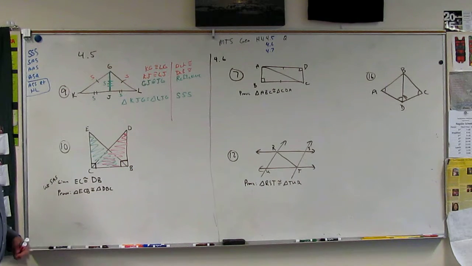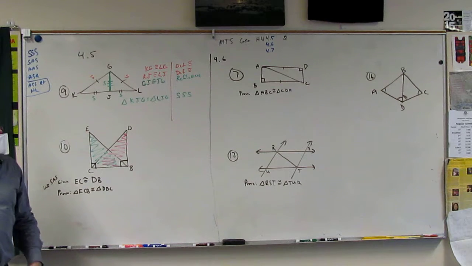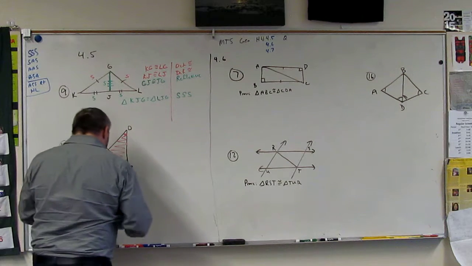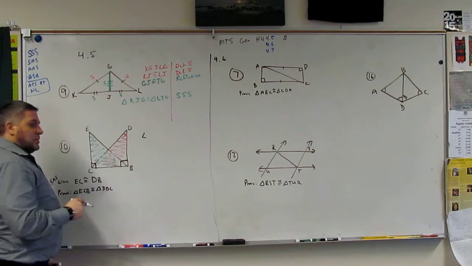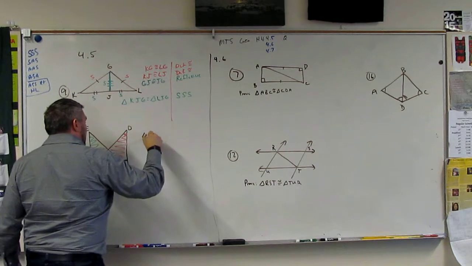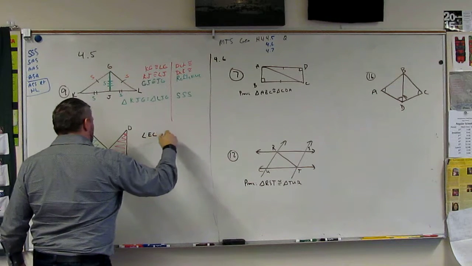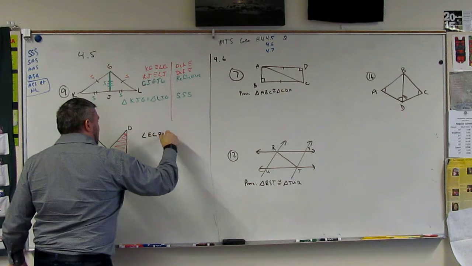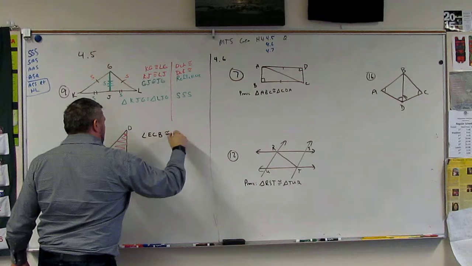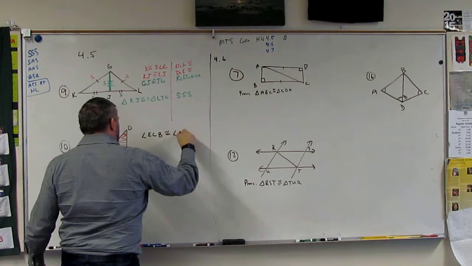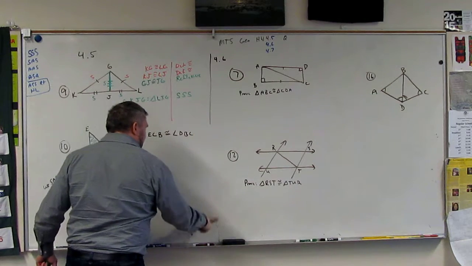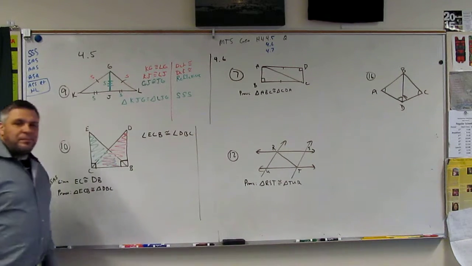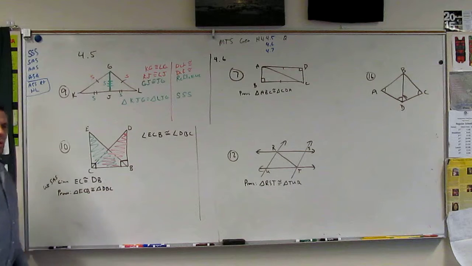Because they're perpendicular, we know right away that angle B is congruent to angle DBC. Why?